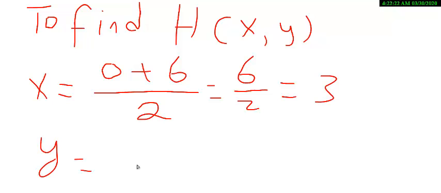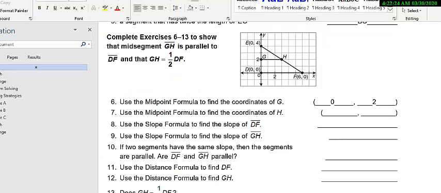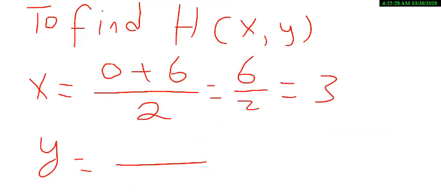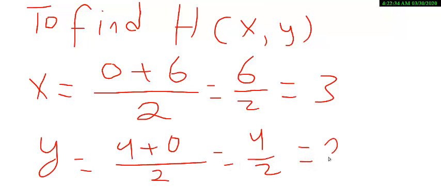The y coordinate for the same point will be 4 plus 0 over 2, so it's 4 over 2, which is 2. So the final result will be 3 and 2 for H.